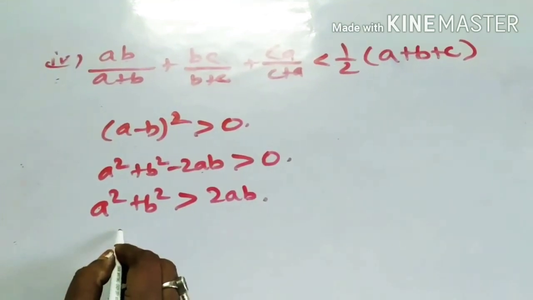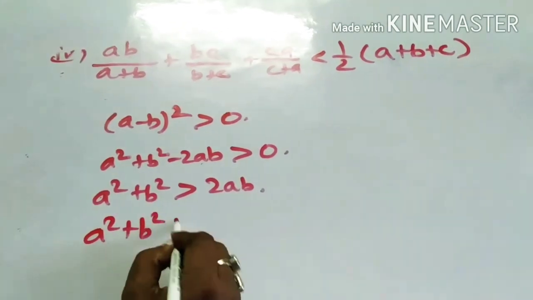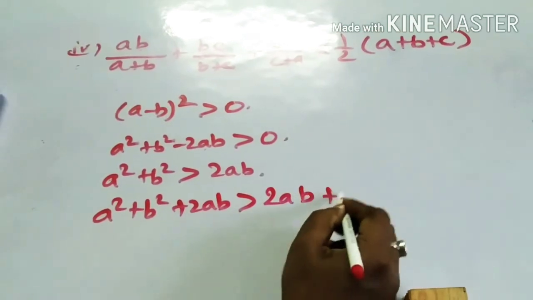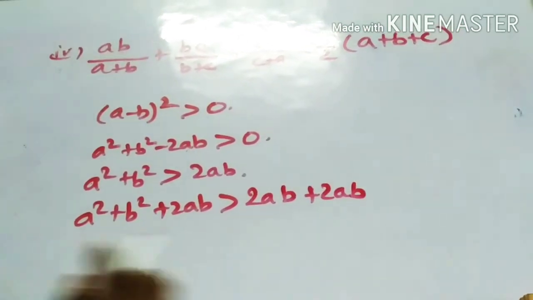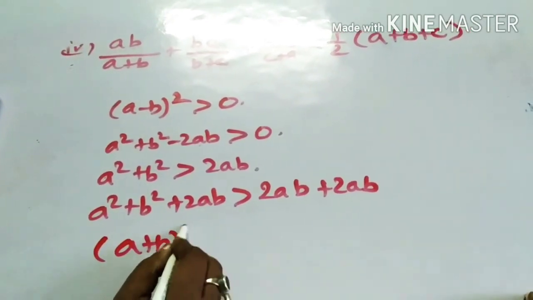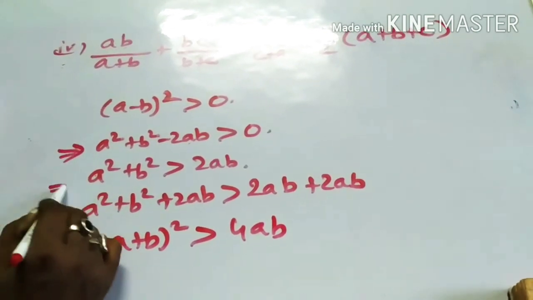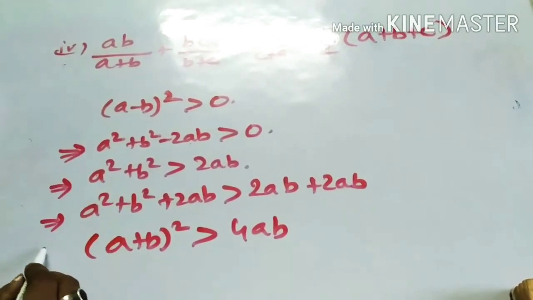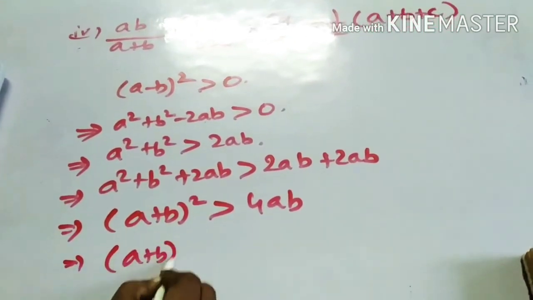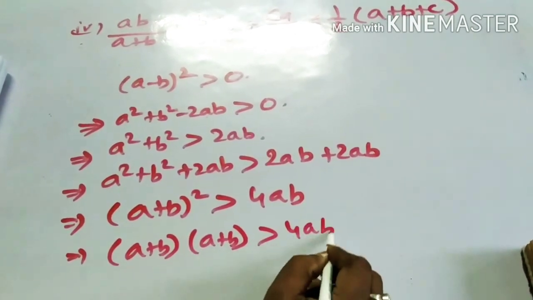So A square plus B square greater than 2AB. Now one thing I can do, that is A square plus B square, adding 2AB both sides, greater than 2AB plus 2AB. So this is (A plus B) the whole square greater than 4AB. So I can write (A plus B) into (A plus B) greater than 4AB.